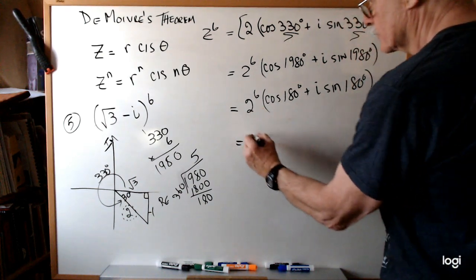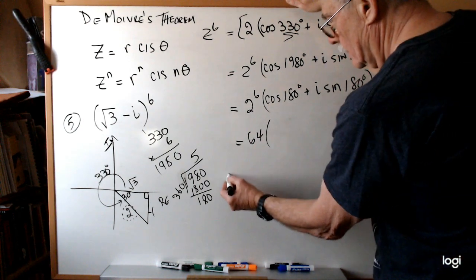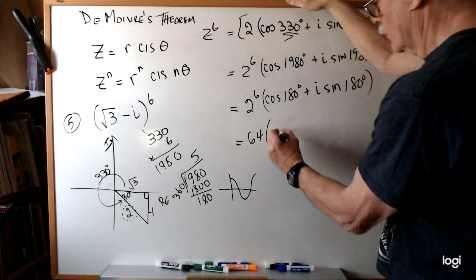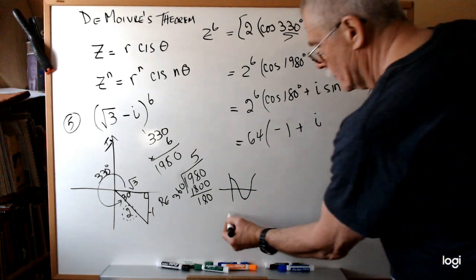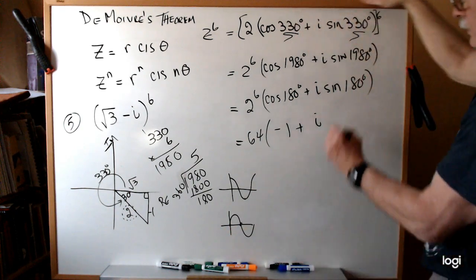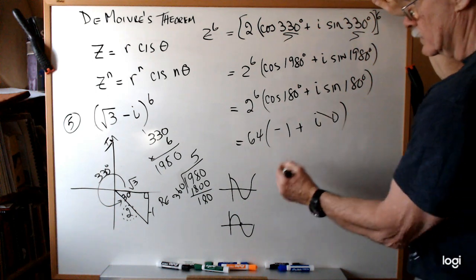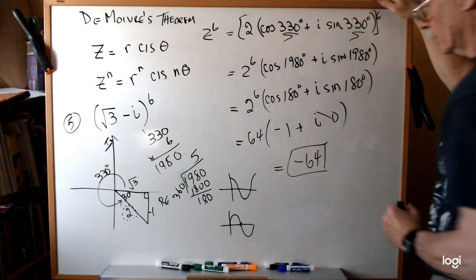And 2 to the 6th is 64. And cosine of 180, whoops, negative 1. And i times the sine of 180, well, that's a 0. So that drops out, so you get 64 times negative 1, or negative 64.